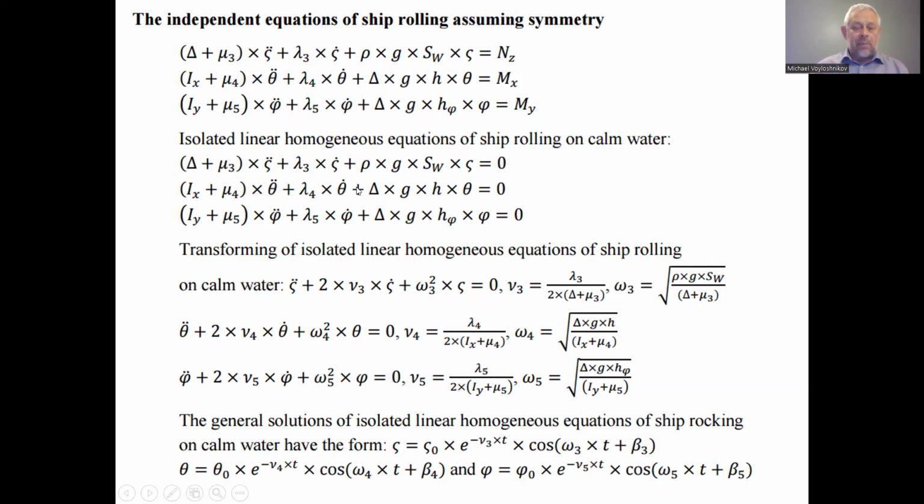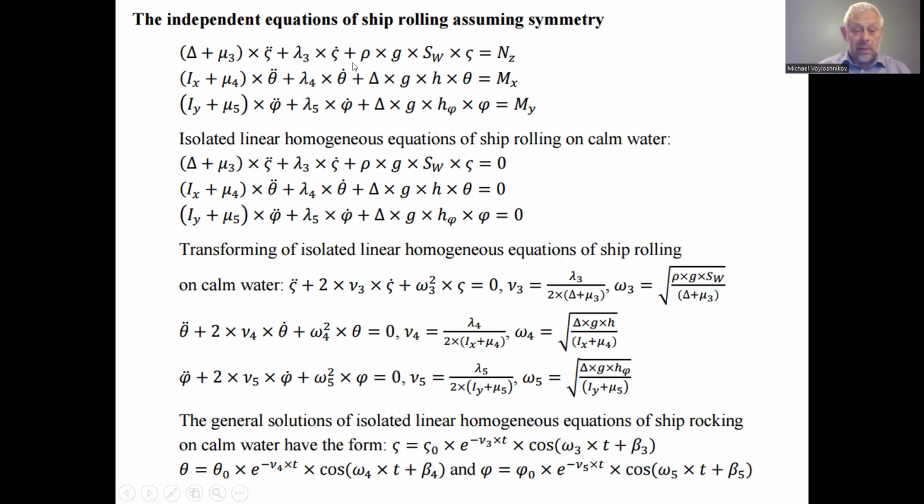In this case, we can simplify this system of second order linear differential equations of the ship motion in water, in 3 dimensions of translational motion and 3 dimensions of rotational motion. We can reduce this to only 3 equations.